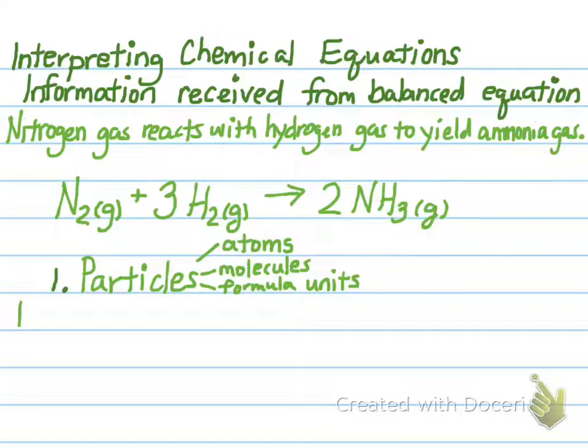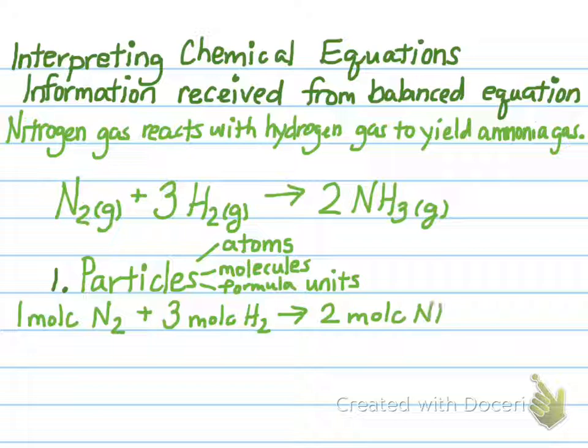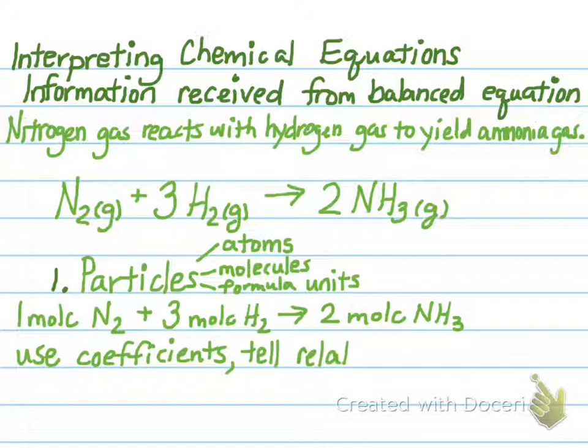In terms of particles, I can interpret this way: I have one molecule of nitrogen reacts with 3 molecules of hydrogen to produce 2 molecules of ammonia. So to interpret it in terms of particles, I'm going to use my coefficients, and those coefficients tell the relative numbers of particles.